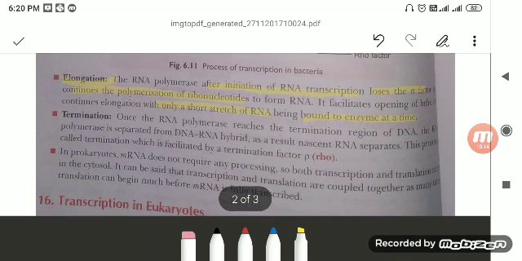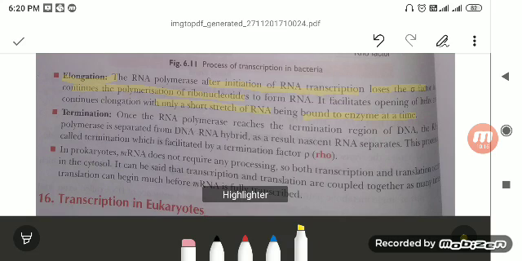So next is your termination. Once the RNA polymerase reaches the termination region of DNA, the RNA polymerase is separated from the DNA-RNA hybrid. As a result, the nascent, single stranded RNA separates. This process is called termination, which is facilitated by the factor Rho in prokaryotes.